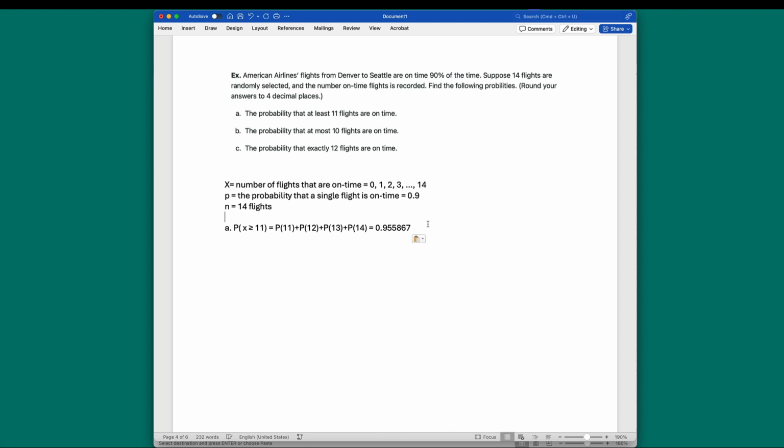So we could say there is about a 95.6% chance, rounding to the nearest tenth of a percent, that at least 11 flights will be on time.